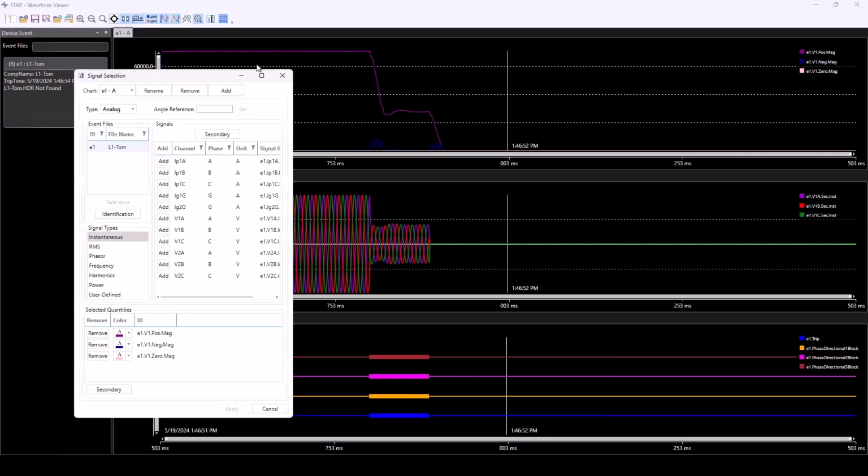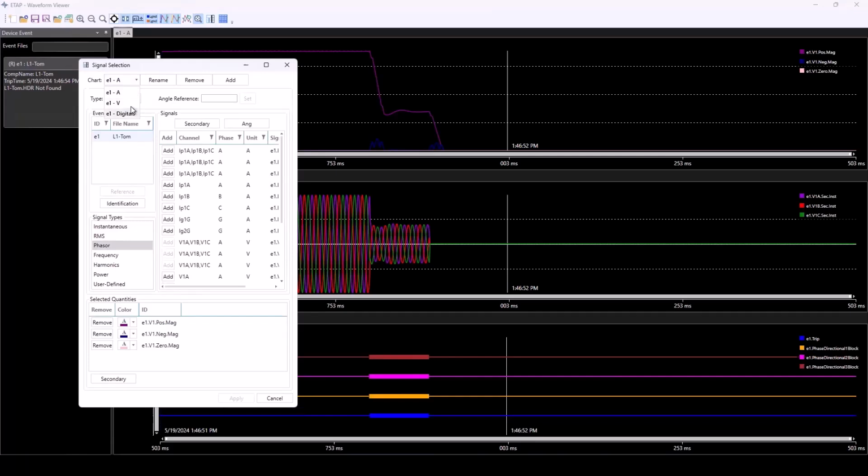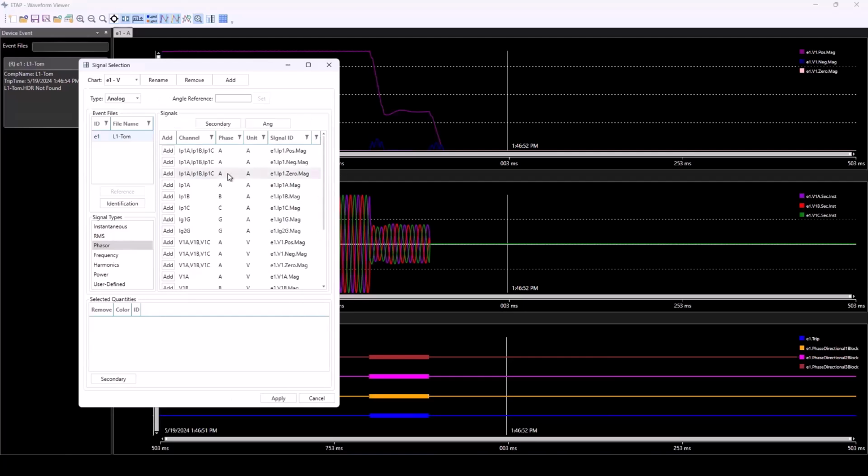I can also go ahead and go to the phasor part, to a different chart, remove the current signals, and also show the I1 angle and V1 angle. So I'm going to go to the angle and bring the I1 angle, not this one, the positive sequence I angle and the V1 angle.